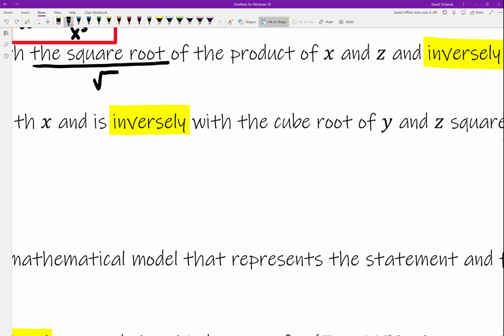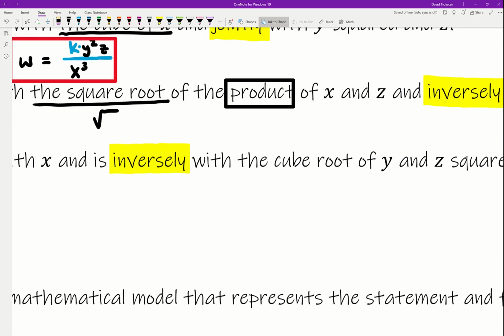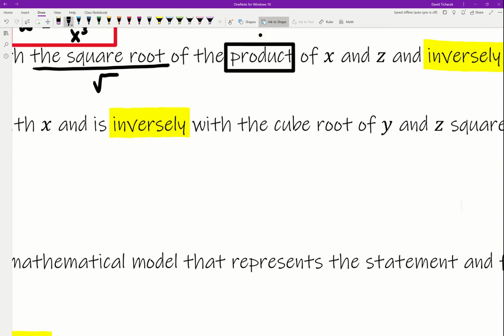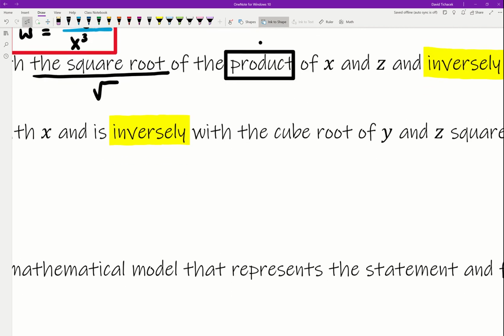And so this is one of those words from earlier math classes from elementary and middle school where you relate this word to a certain operation in mathematics. And when they say the product, of course, what they mean to say there is that you are multiplying, okay? So we want to take the square root of multiplying X and Z. And so, of course, what that would look like here is going to be this. I'm going to have the square root of X times Z, okay?